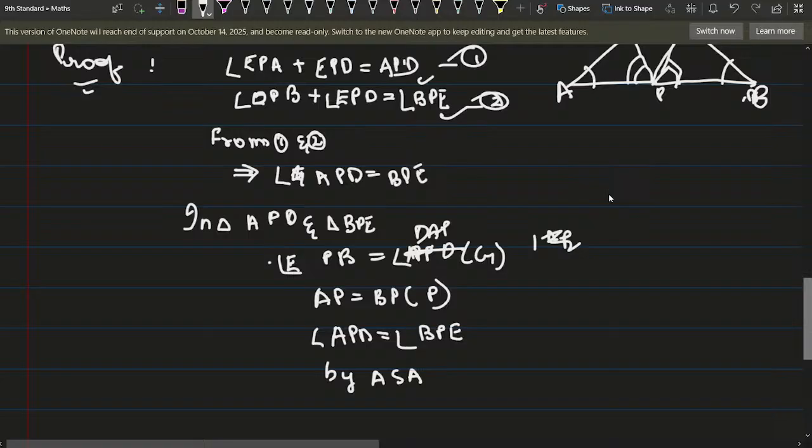Okay. Then triangle APD is congruent to triangle BPE by CPCT.